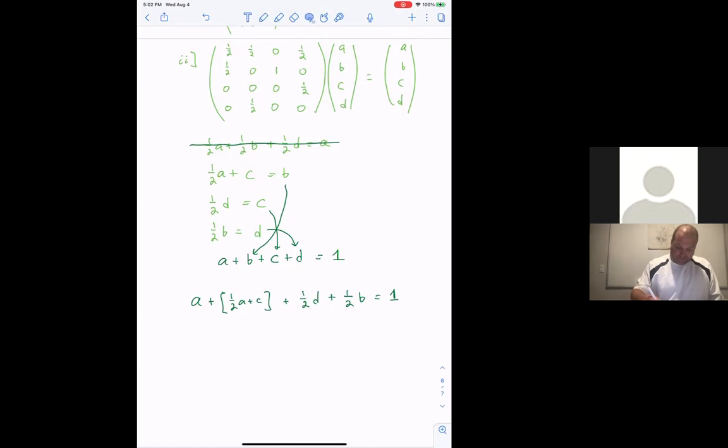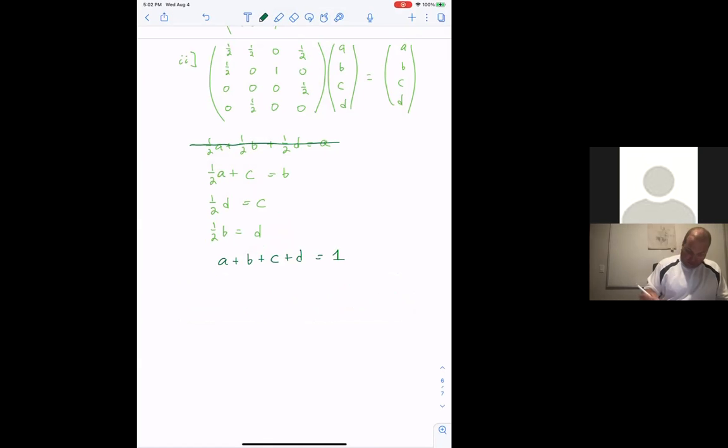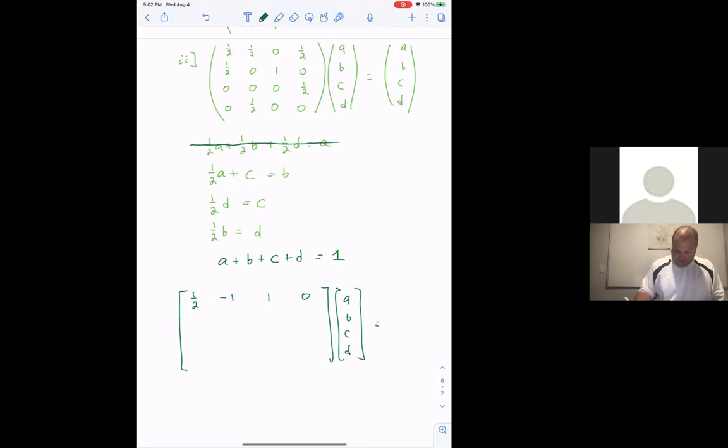You know what? Sometimes you just do things a couple times and just change your mind. Let's just do it the matrix way. I mean, I can finagle these, but it's just so much more systematic. So what I have now, the first equation becomes 1/2 A minus 1B plus 1C with no D's equals 0.